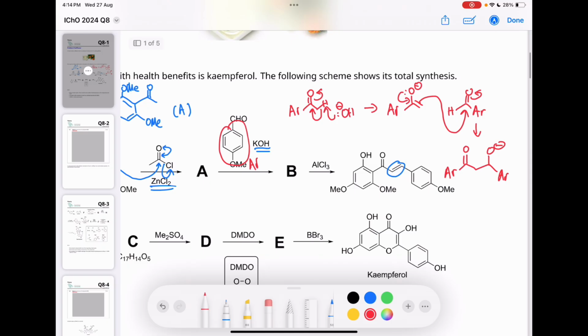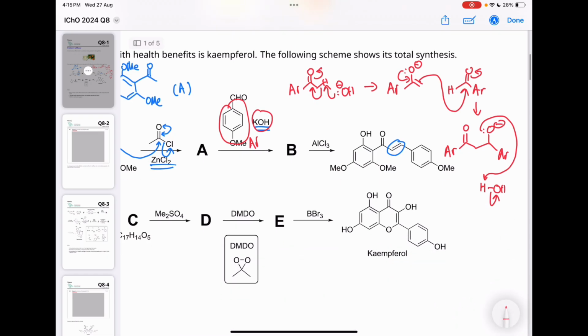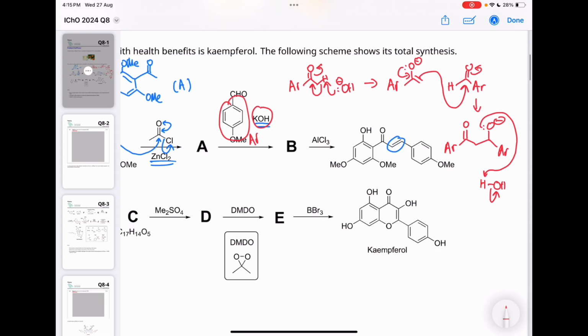Now we also have water present, because you have your H2O formed here, so this lone pair can then grab an H plus from H2O to give back your KOH. So the KOH here is actually a catalyst. After this, you will have this.